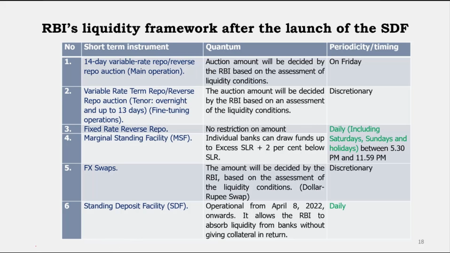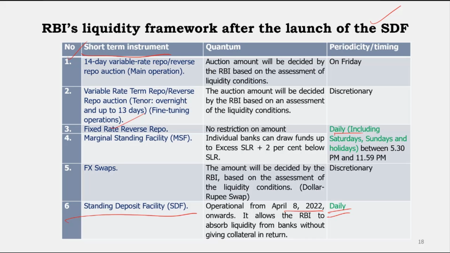And now we are going to see the RBI's liquidity framework after the launch of the SDF. Okay, the SDF was already launched, and now what will be the short-term liquidity framework of the RBI. The sixth one is the standing deposit facility, which is operational from 8 April 2022 onwards, which is a daily facility, like the marginal standing facility, like the fixed rate reverse repo operations.